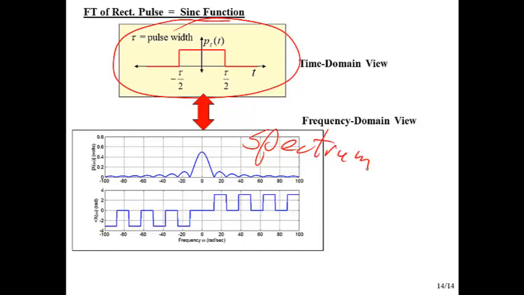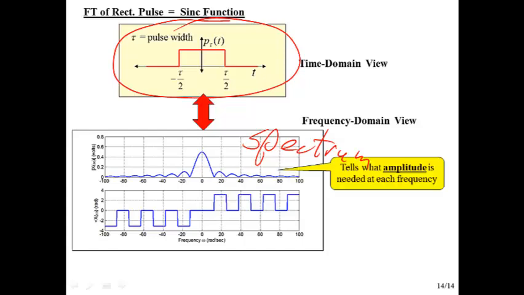So this is our spectrum, double-sided. For Fourier transforms, we are almost always talking about double-sided, although because of the symmetry for both magnitude and phase, we can just show one side, and you can infer what the other side looks like. So this amplitude spectrum is telling us how much amplitude we have at each one of these frequencies.